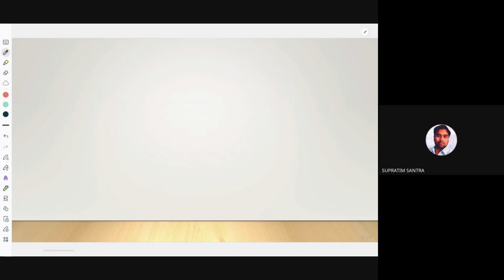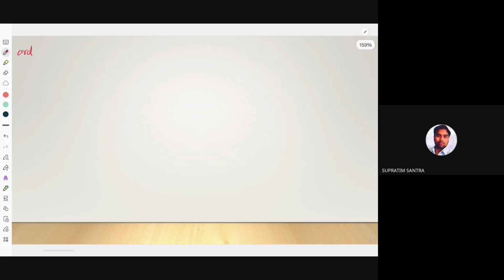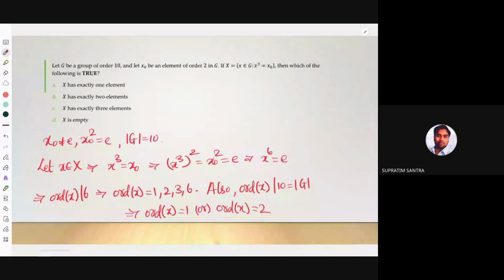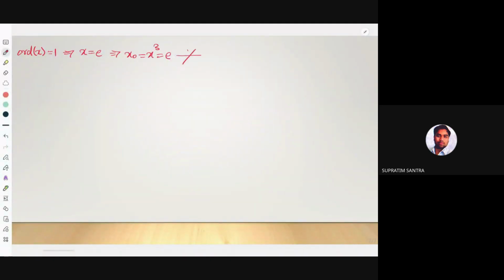First, the order of x equals 1. The element of the group which has order 1 is the identity element. So x is identity. This implies x0, which is x cubed, is also identity. But we have that x0 is not identity.